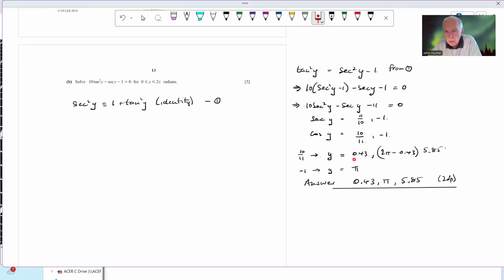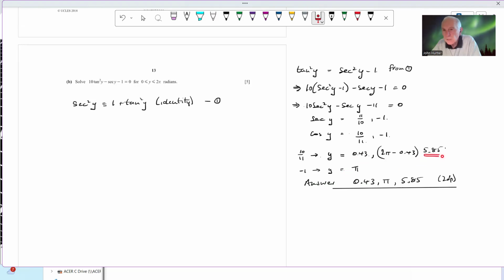Well, it's going to yield that result, because we're now looking between 0 and 2 pi radians. So we're going to be looking at 2 pi minus this primary solution.